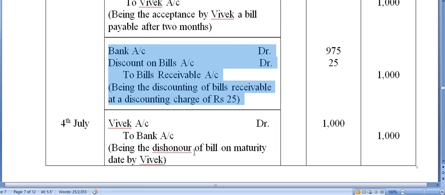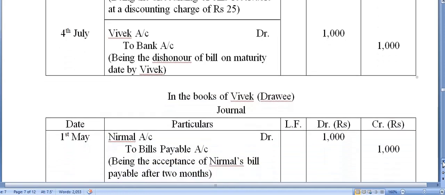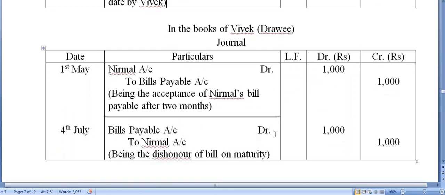And if the bill is discounted with the bank, in the books of the drawer, you will write drawee's account debit to bank account. In this case, Vivek is the drawee, so write Vivek account. Now in the books of the drawee, no change will be there.